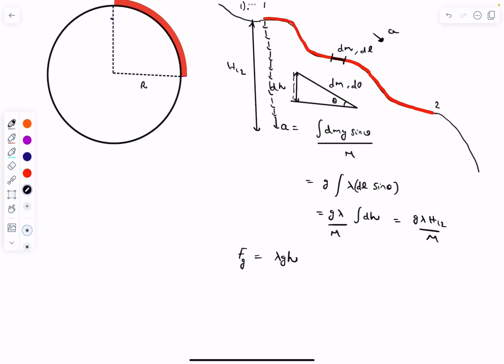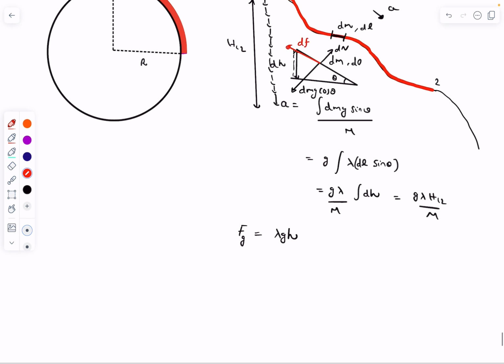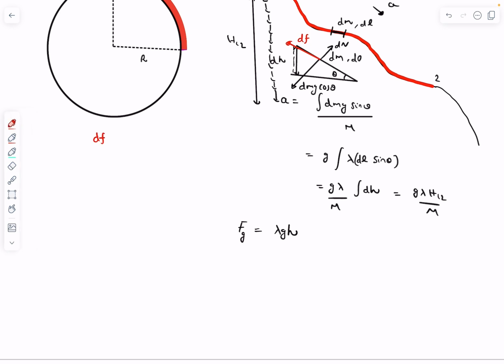Now there is also a very interesting result for friction, provided it is limiting in nature. In the same triangle where we had the dm mass, the normal reaction, let's call it dN, on this dm mass is going to be dmg cos theta, right? So the friction force df, assuming it is limiting in nature in this situation, I can write as mu times the normal reaction.